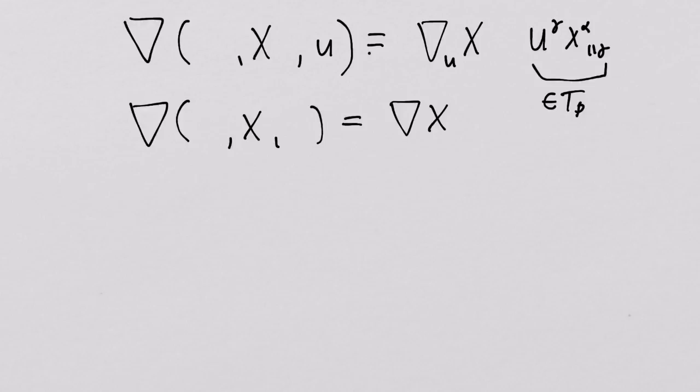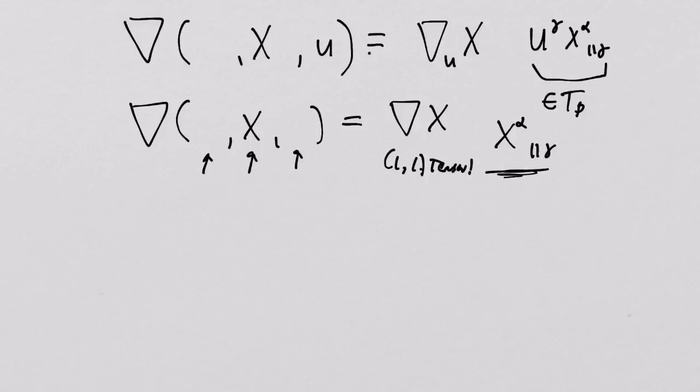I'll give all these things names in a moment, but that object, which is the result of only putting in the vector field and leaving the one-form and the vector out, is actually exactly what we defined in our last lecture. That's a 1-1 tensor, right?